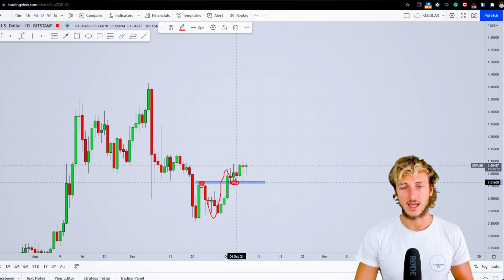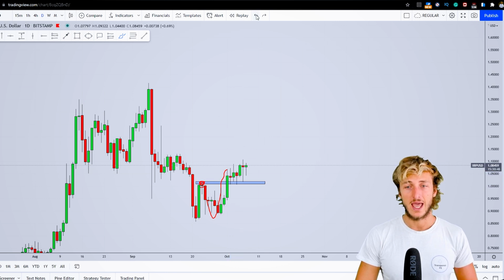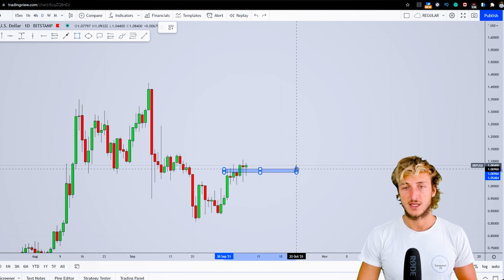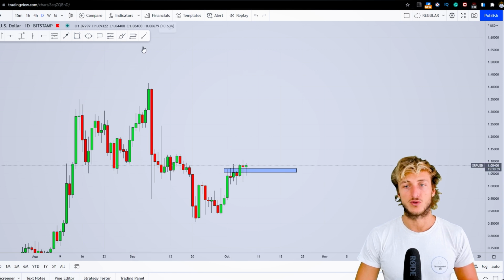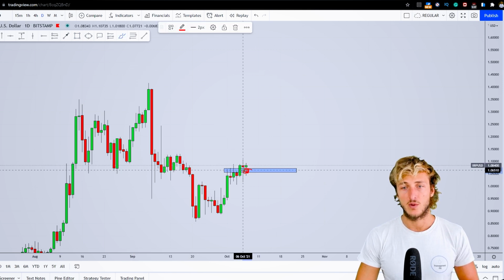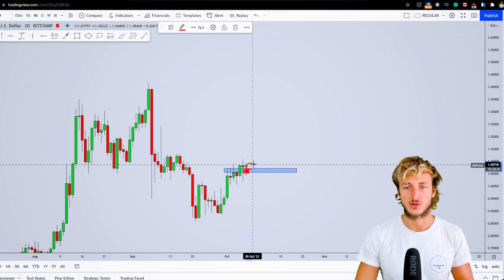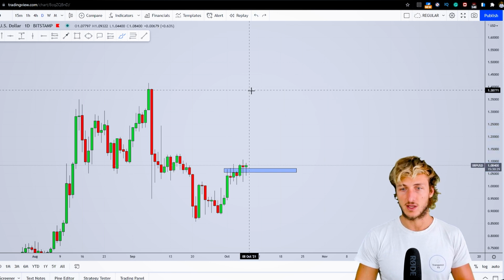We got the retest of this previous resistance turned support here. The market rejected it to the upside, and currently we're getting a new test of structure, which is basically this previous daily resistance here, which now that the market has broken it to the upside is turned support here. We can see how we already got two tests of this previous resistance turned support, and we can expect more continuation to the upside from these levels.